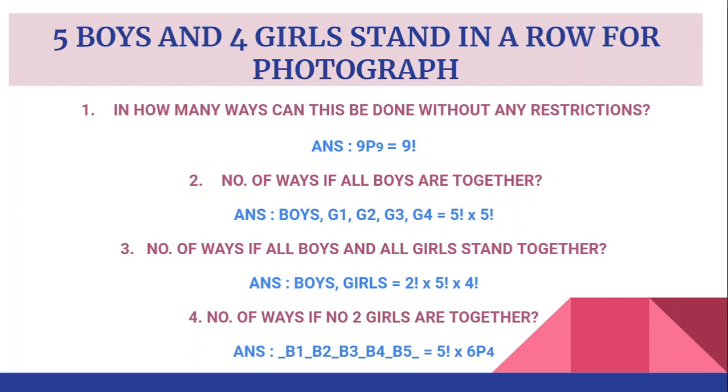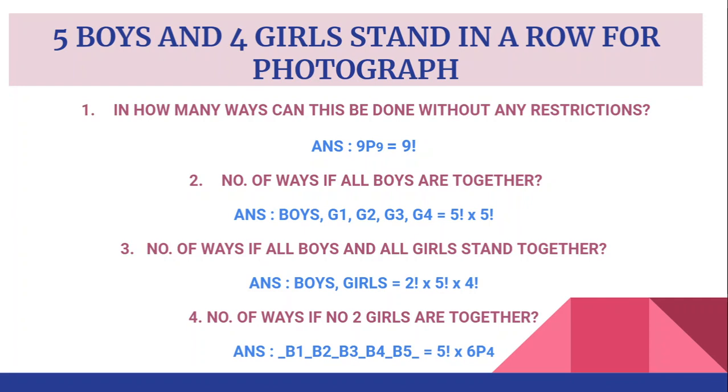So these 5 places can be arranged in 5P5 ways, that is 5 factorial, and the boys themselves can be arranged in 5 factorial ways because we have 5 boys. So the answer will be 5 factorial into 5 factorial.